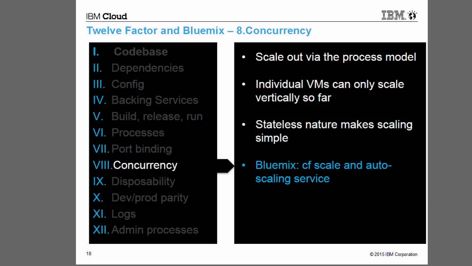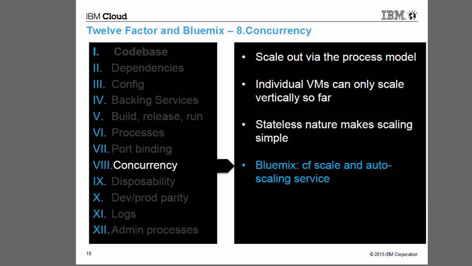In particular, you should be able to do more concurrently by adding additional servers, CPU, or RAM, taking full advantage of it through small and independent processes. So scale out via the process model, which means that you create small application components which can handle multiple processes, have individual VMs scale vertically on those, and keep the stateless nature of your application so that it will be simple.